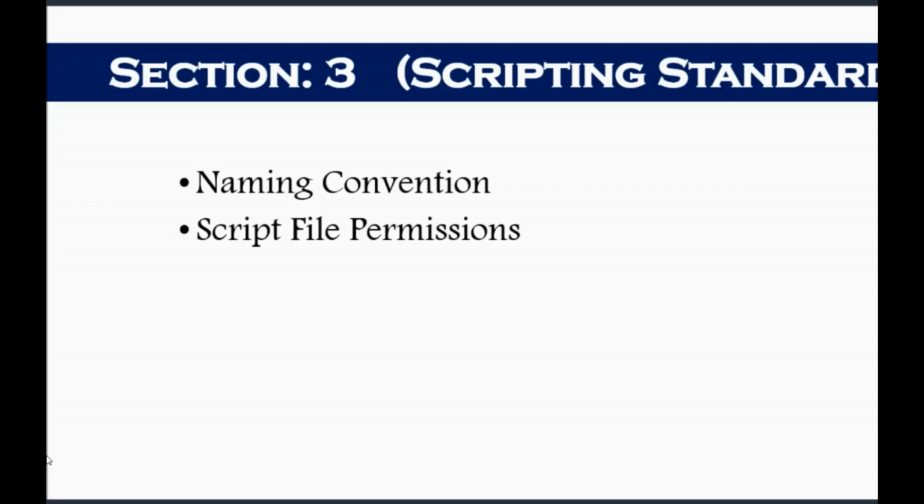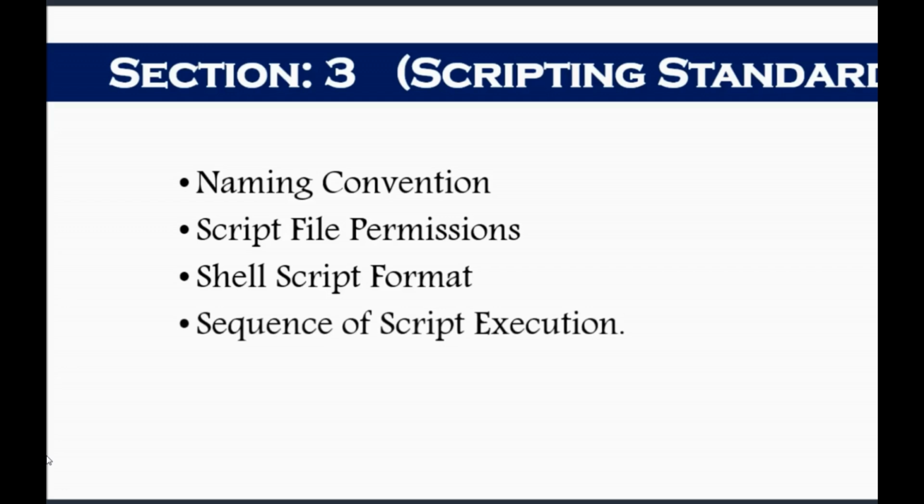When you create a script, you need specific executable permissions, what those permissions are, and how we can assign them. Then shell scripting format: what goes inside of a script, what the comments are, where you define the shell, what the variables are, and the sequence of a shell script.